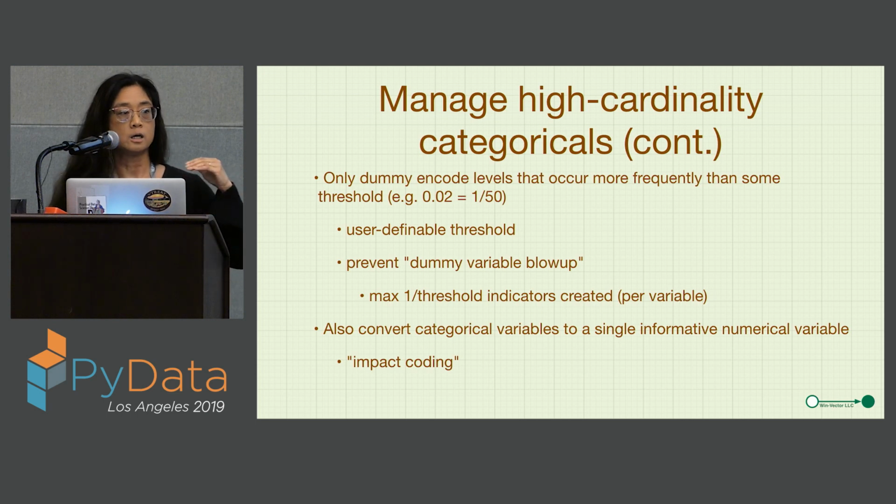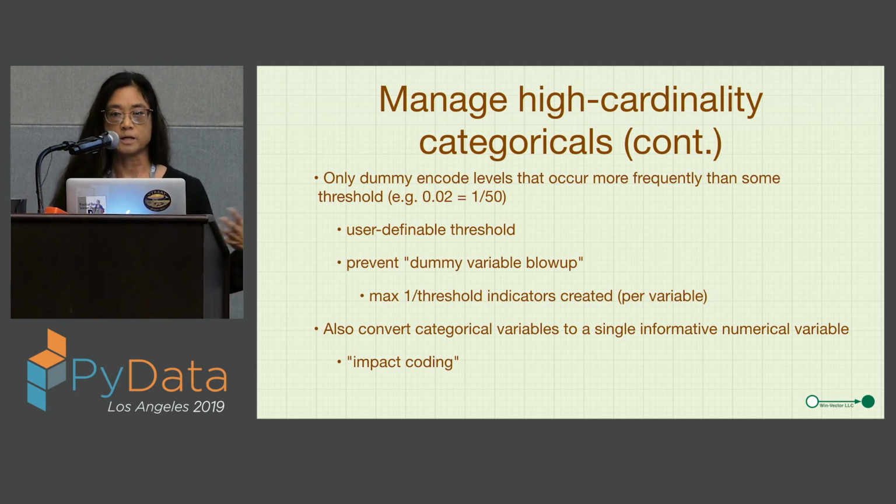So if we set the threshold to 2% and then do the vtreat dummy encoding of zip code, remember 2% is 1/50, we will get at most indicator variables for the 50 most common zip codes in the data, and probably fewer than that, depending on how the data is distributed.